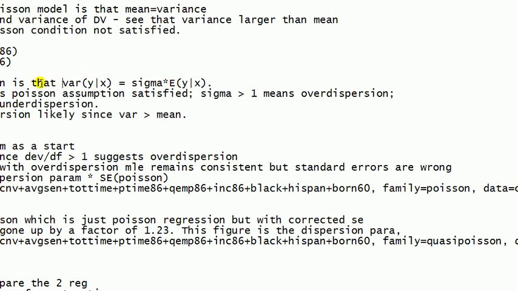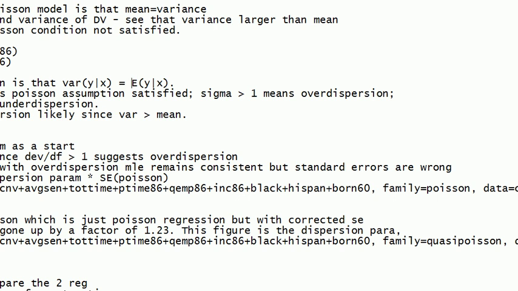Okay, so putting it formally before we look at the code, the GLM assumption is that the conditional variance is equal to a constant, sigma squared, times the conditional mean. Now if sigma squared is equal to 1, so pretend it's gone, then the conditional variance is equal to the conditional mean.